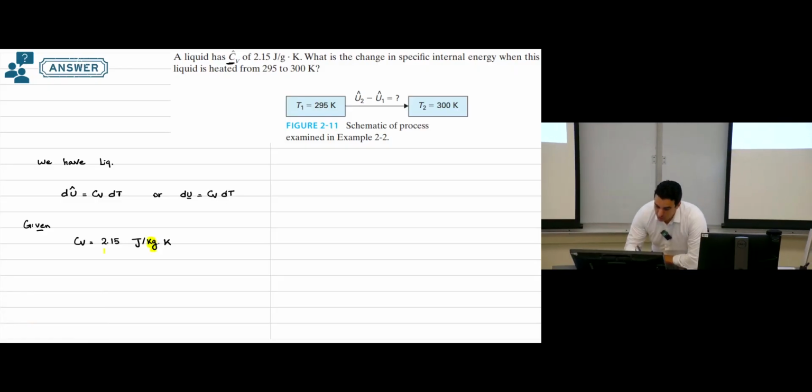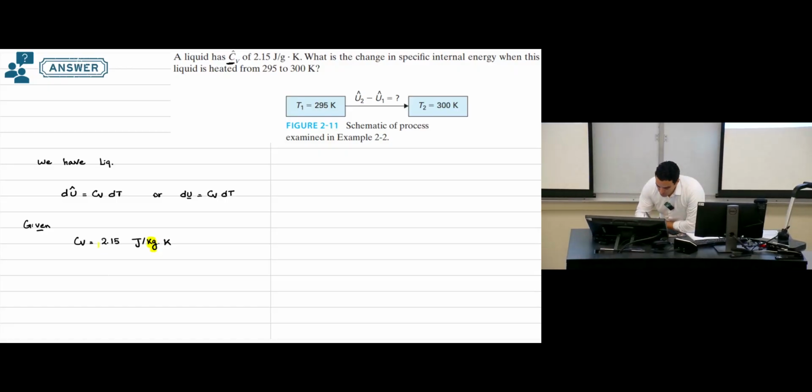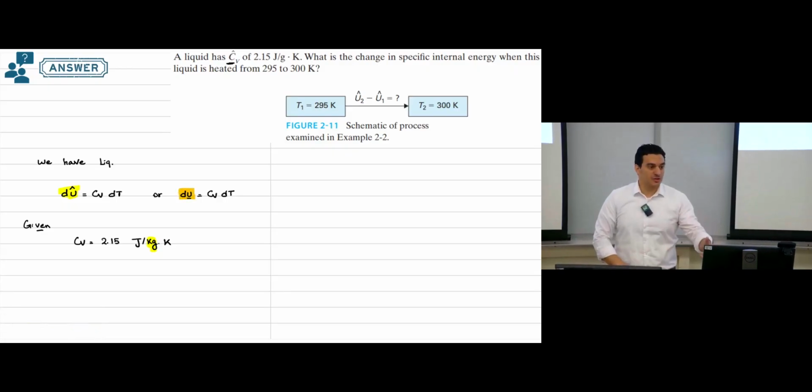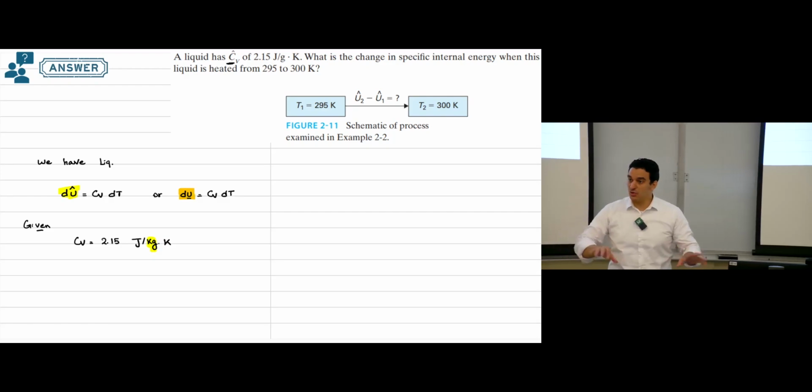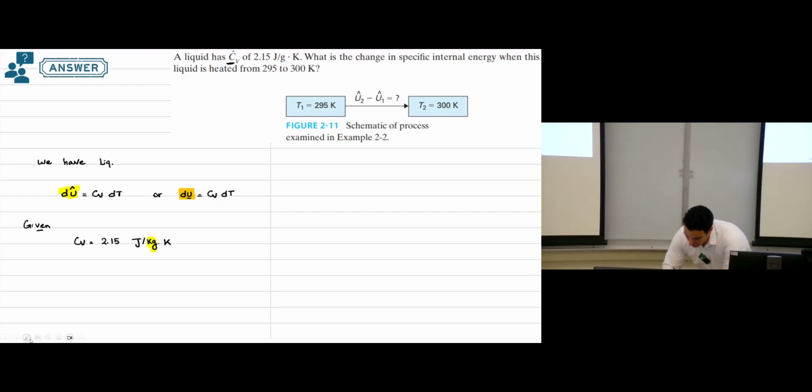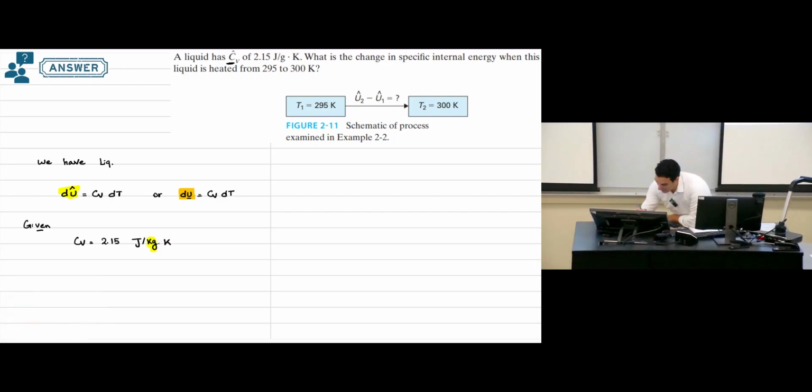So if you substitute Cv in the equation, which one will you calculate, the specific internal energy or the molar internal energy? The specific. Okay, so make sure that the units are consistent. This equation doesn't match with the units, so it can't be used, and this will be the correct equation.